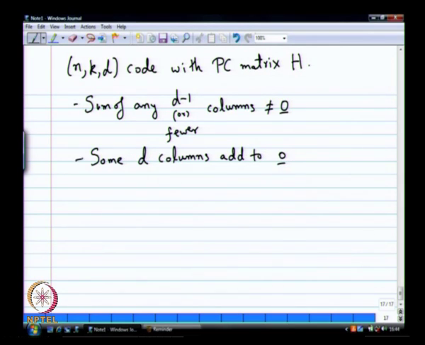Both these conditions have to be satisfied if you know that the minimum distance is d. It is not enough to just say d minus 1 or fewer columns do not add to 0. This only gives you a bound. This tells you that the minimum distance is greater than or equal to d. This only tells you that. The other condition makes the thing equal.